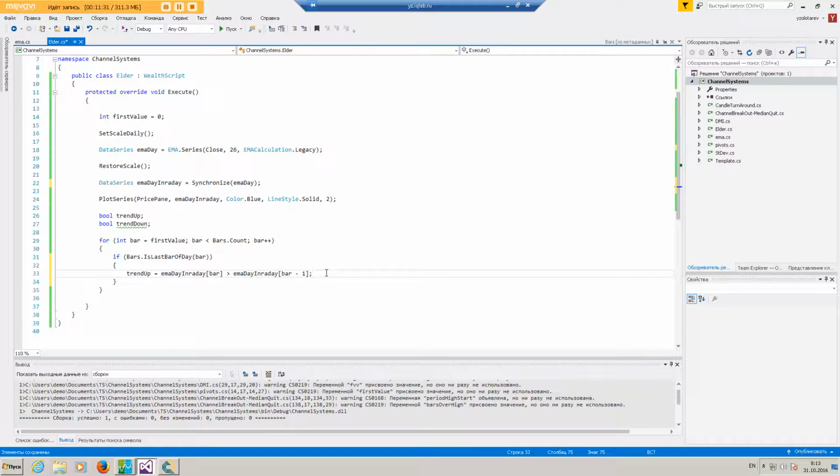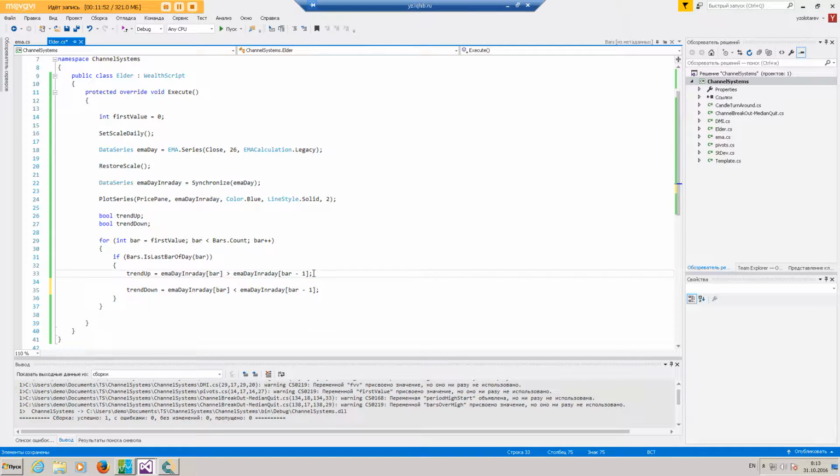Okay, so trend up, and trend down is going to be the other way around.